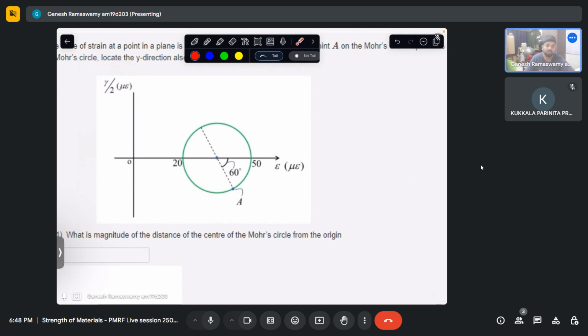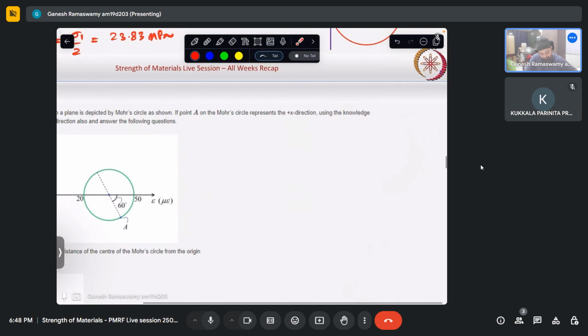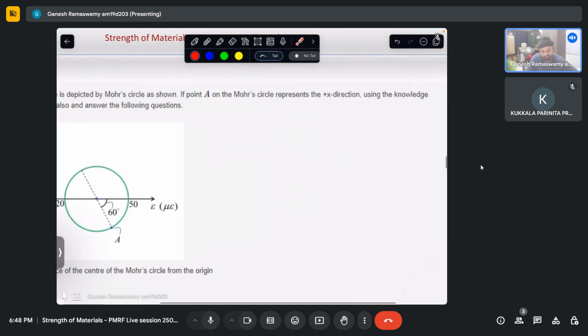All right. So we have one point A on the Mohr circle. If that represents the x direction, so we have an element, this is the x direction, and then we have some normal and shear strains over there, which is plotted here. And this is given to be the x plane, so to speak.